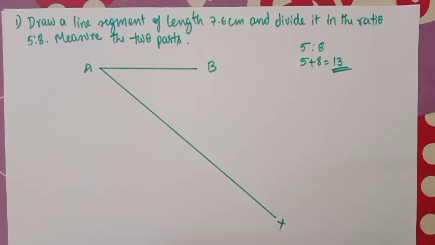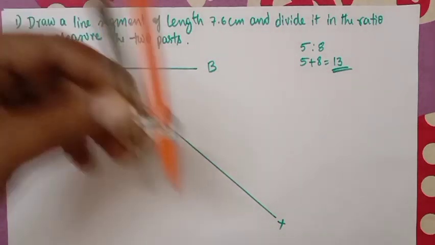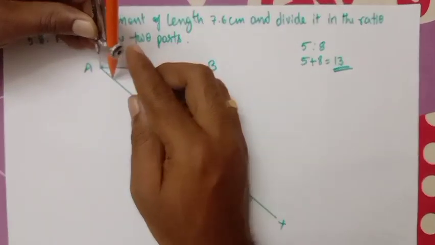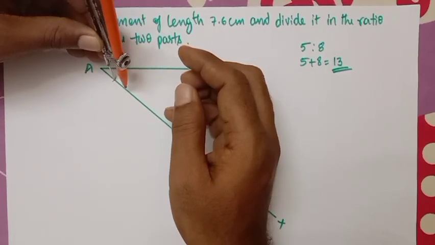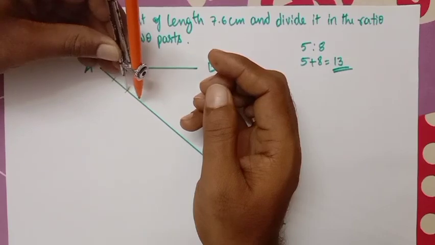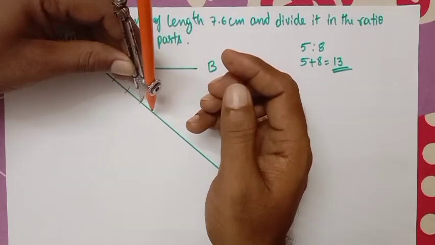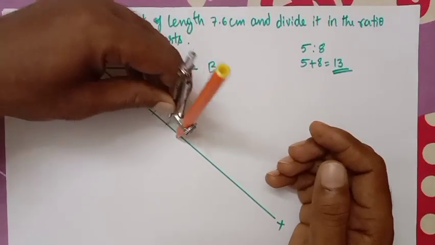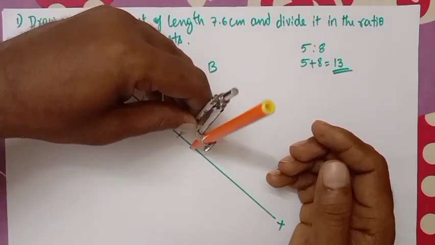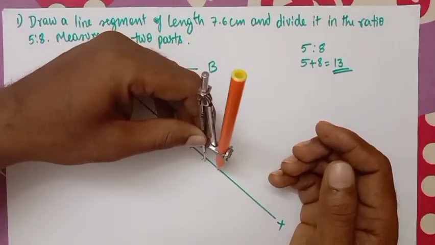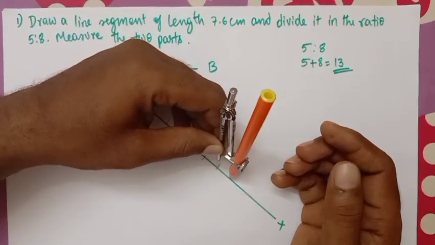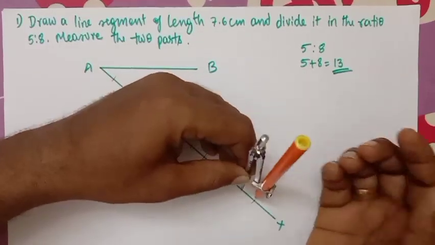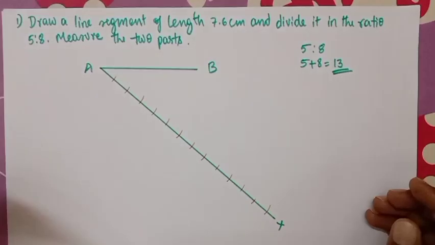So how to draw this? Let me take the compass and divide it into 13 equal parts. 1, 2, 3, 4, 5, 6, 7, 8, 9, 10, 11, 12, 13.